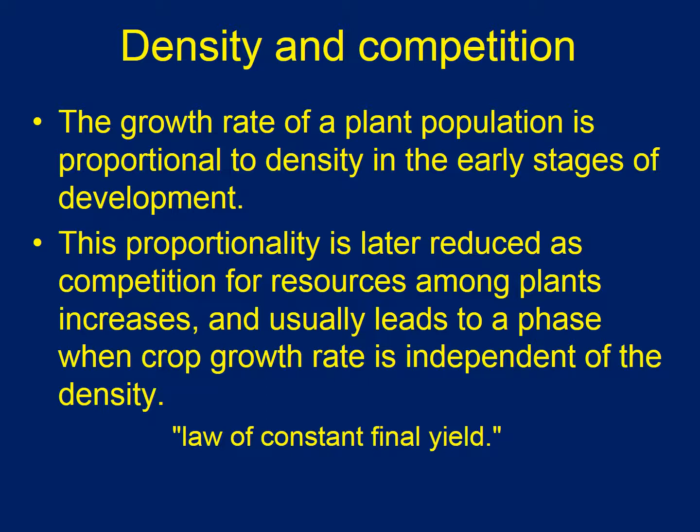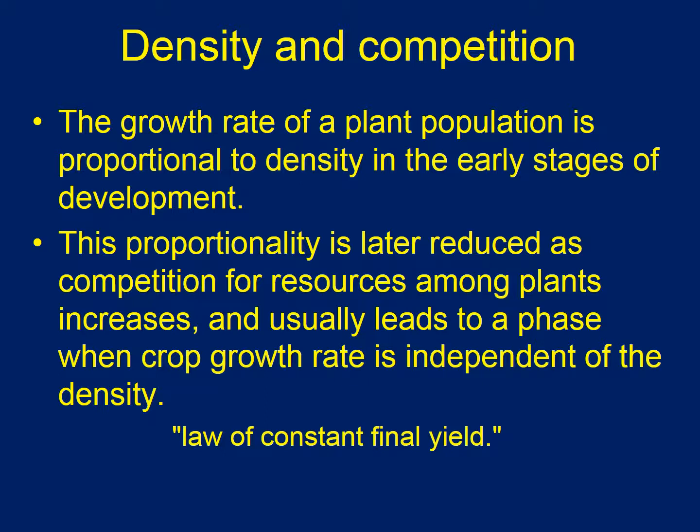One important aspect in plant population dynamics is that the growth rate of the plant population is proportional to density in the early stages of development. So, the more plants that we have, the greater the crop growth rate. Later, this proportionality is reduced as the competition among plants increases.